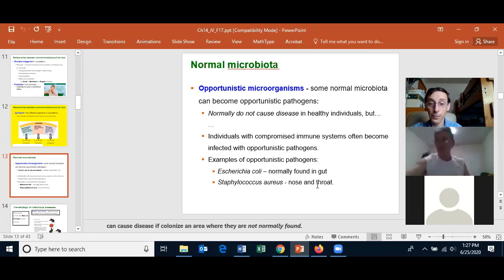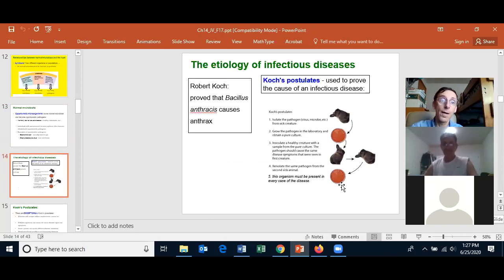But if it's growing on the skin, it can cause skin disease. Any question about that? All right, if there's no questions, let's move on to the etiology of infectious diseases.